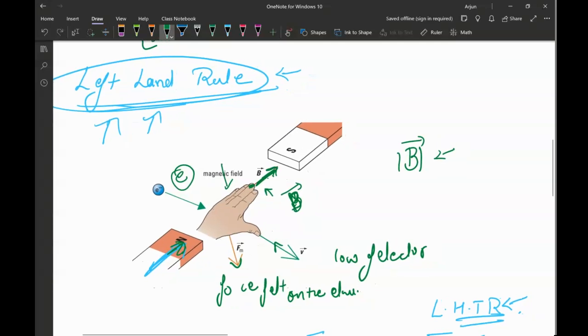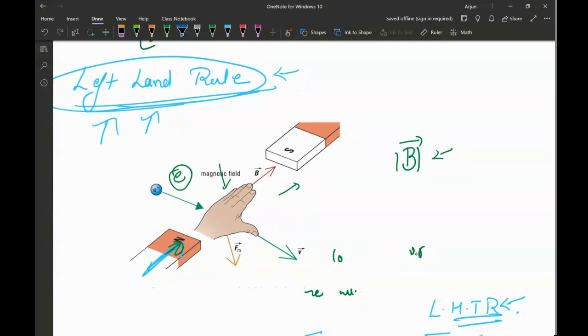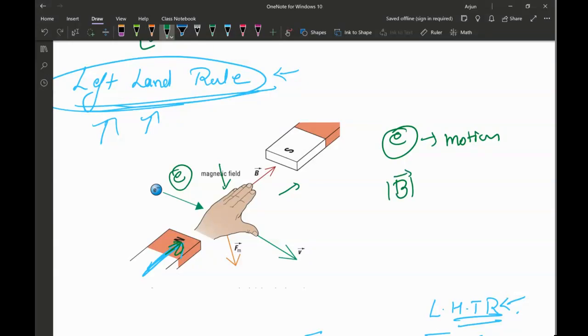Now, another thing which I wanted to tell you, the beauty of this is that you need to have two things. What did I talk about? I talked about electron motion, and the second thing I talked about was the magnetic field, and the third thing was the force felt.